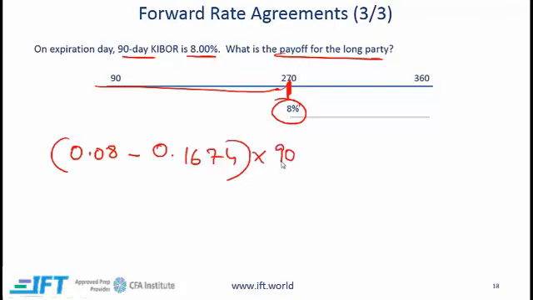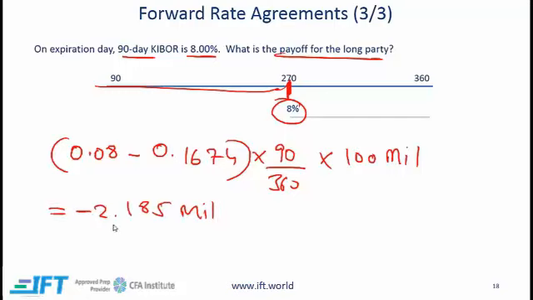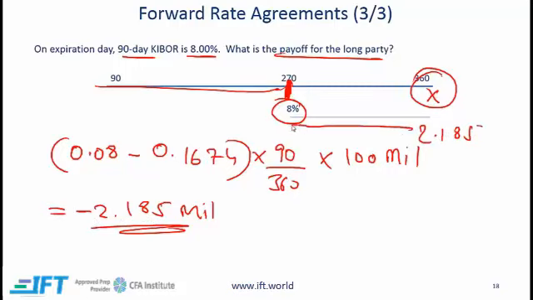So again, multiply by 90 over 360 and multiply this by 100 million, and what we should get is minus 2.185 is the value here at the end of the hypothetical loan, and you studied this at level 1 also. We want the value over here, so we need to take this number 2.185 million and discount it back at the market rate which is in effect at that point in time.